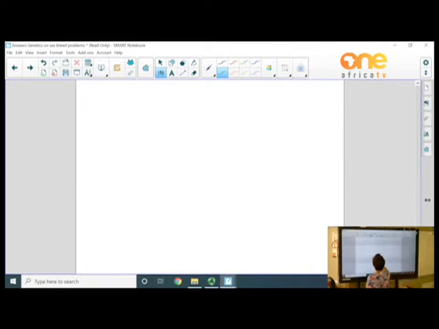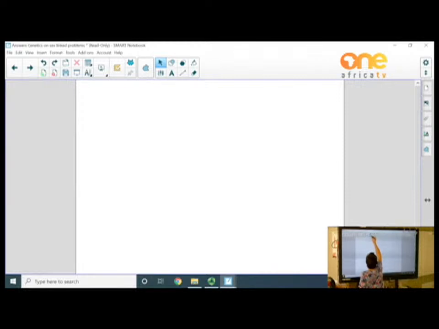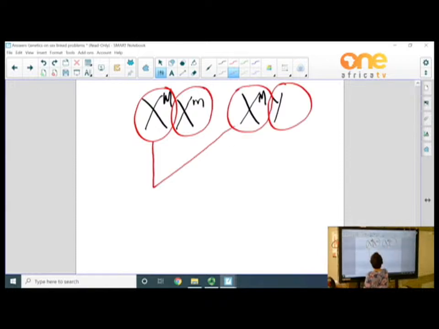So let's insert a Punnett square here. The mother, the father, this, because he does not have the gametes. Here, this girl will be homozygous normal. Right?